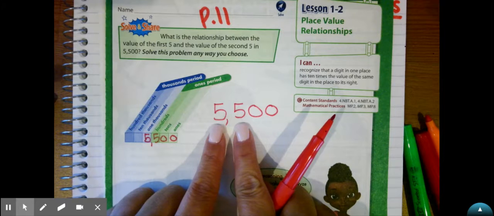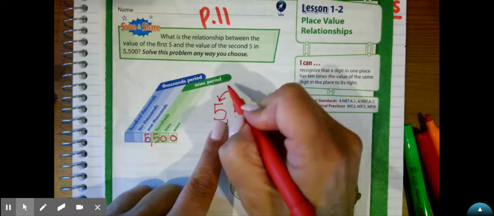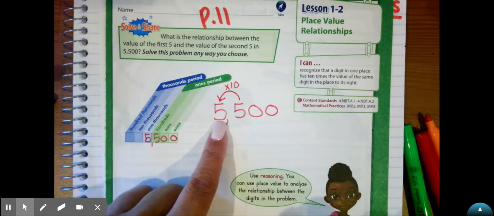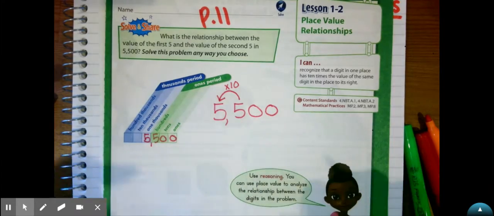Well, Mrs. Atkinson just taught us that whenever you have the exact same digit right next to each other, the digit on the left is always 10 times greater than the digit on the right. So we can write that.